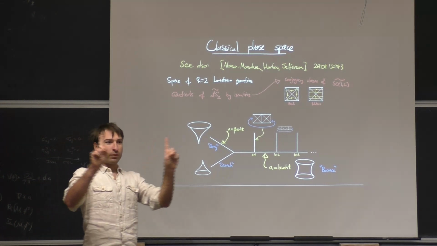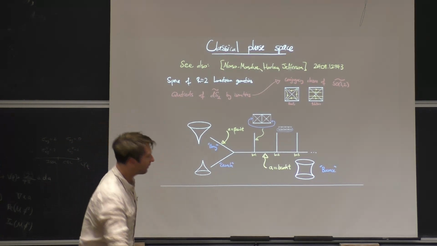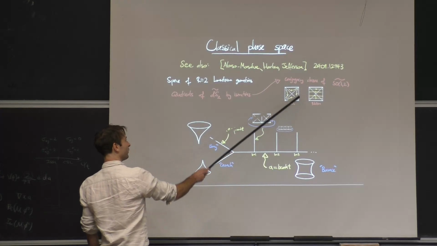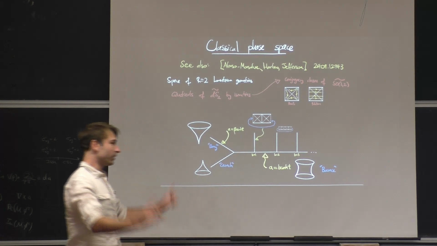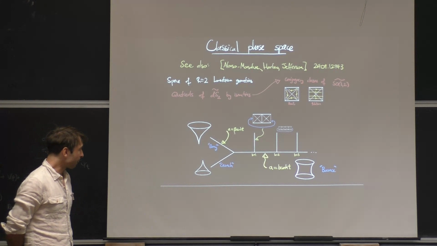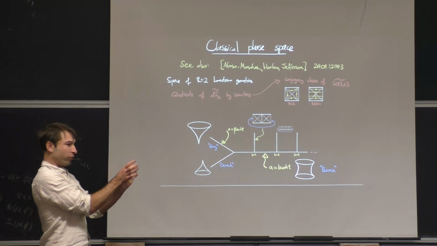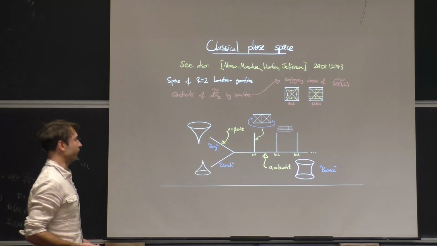But you can also identify them up to some shift. So there's some static patch time translation symmetry. I've drawn how the boosts, you think of it as the time translation in the static patch, act on these squares. You identify them up to a shift, and that gives you a different geometry. And then you can do this with not just one patch of de Sitter, but you can take the two-fold cover, the three-fold cover, or the four-fold cover.